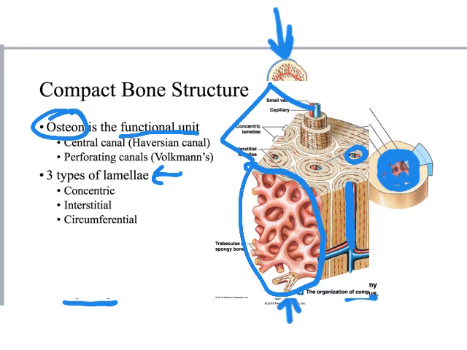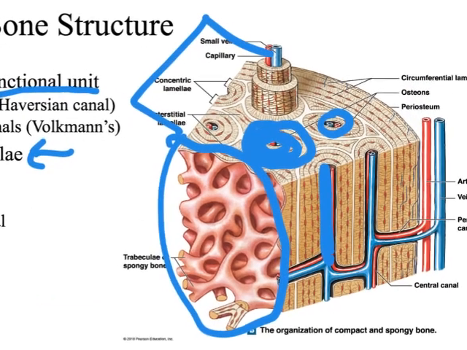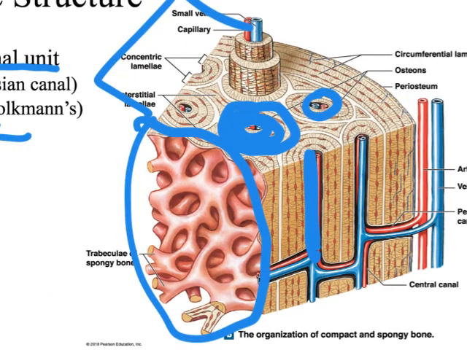There's concentric, which would be represented there. You can see how there are concentric circles inside that osteon. Maybe if we blow it up, here we go. There's a good picture showing you the concentric lamellae. Then there's interstitial lamellae.